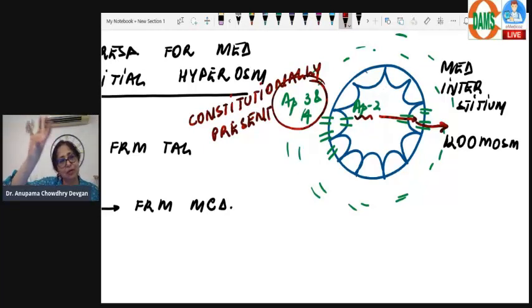ADH will increase the number of aquaporin 2 on the luminal side, and a hypertonic medullary interstitium is needed. So both things are required. Medullary interstitial hyperosmolality is the reason why water will move from the lumen into the interstitium. Have you understood? This is your countercurrent mechanism.